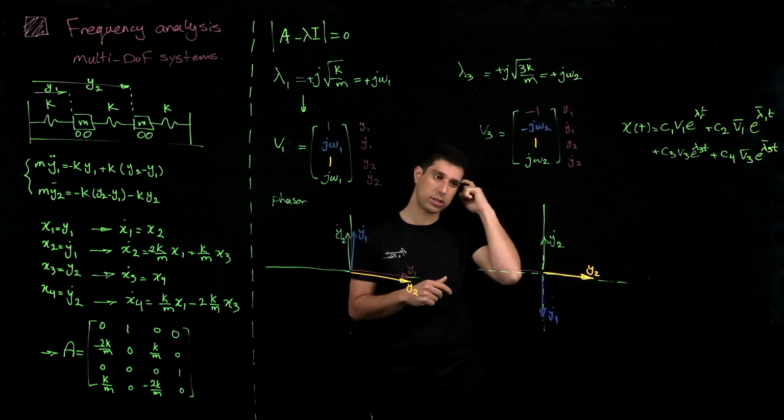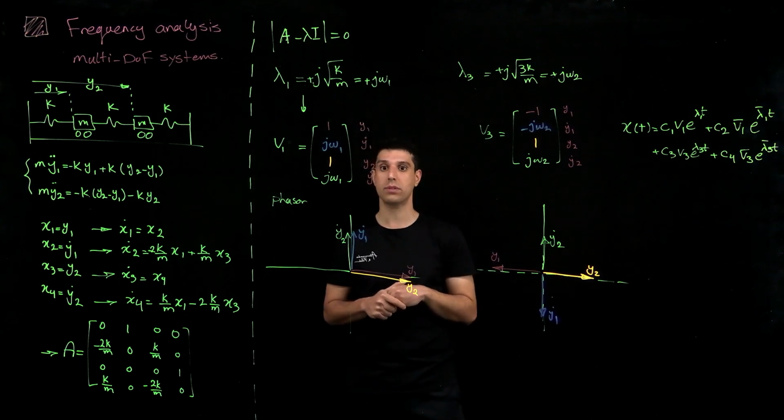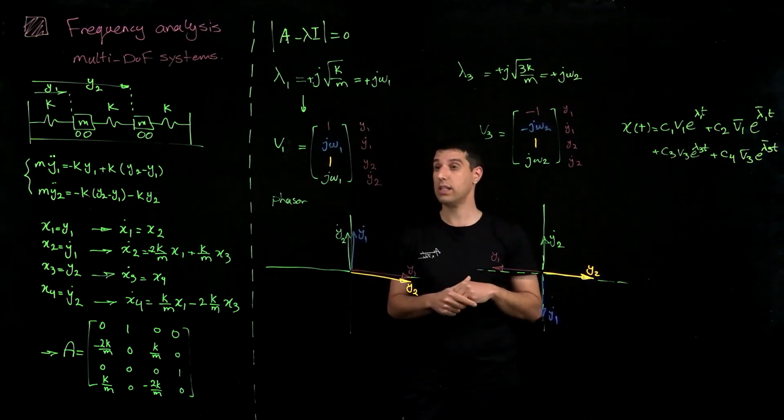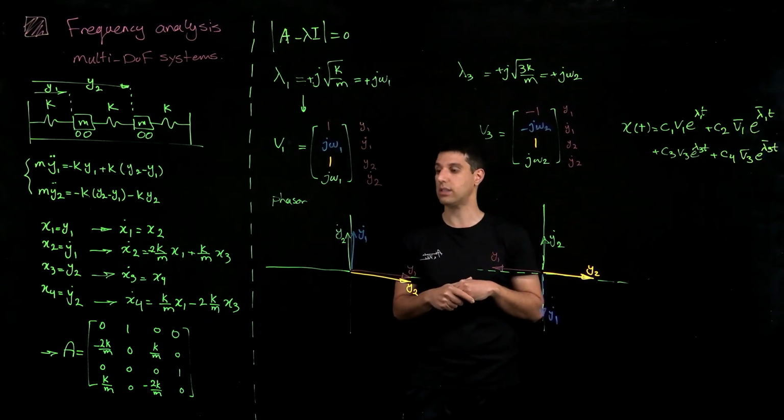Something that was perhaps not super intuitive from transfer functions, but looking at the state space representation, it is a lot easier to visualize and understand the oscillations.